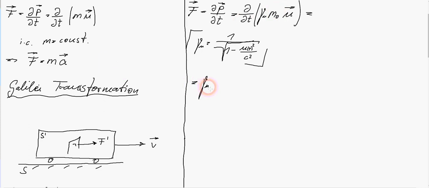So we get gamma u times m0 times the acceleration. I give all the three-dimensional Newtonian vectors, where needed, an index with a little 3 in brackets. Plus gamma u to the power of 3 times u3 times a3 over c squared, m0 times u3.